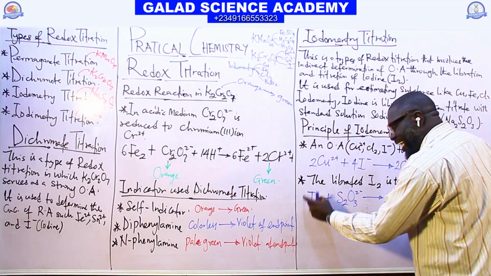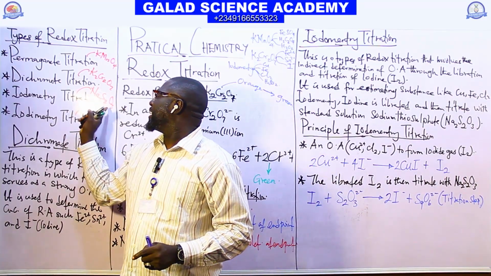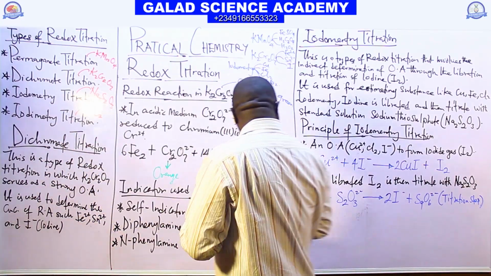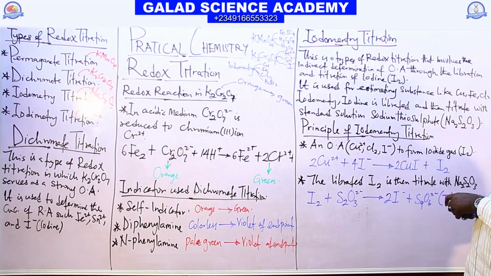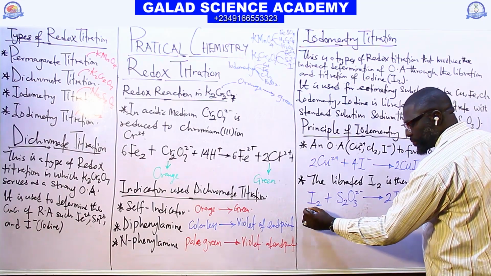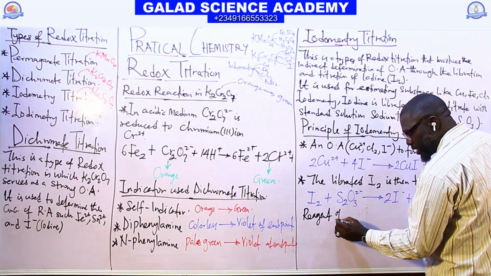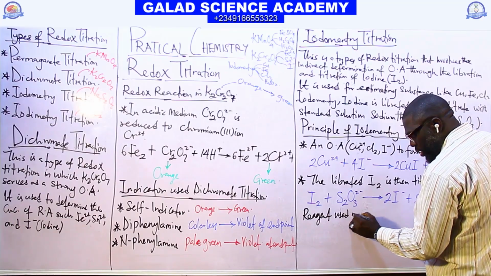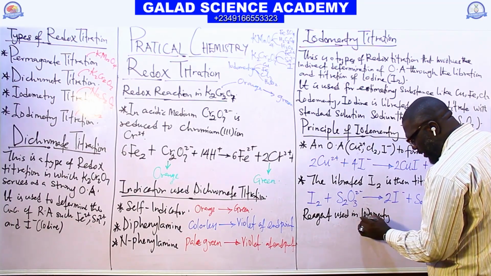The iodine is titrated, you know, I said it here before, that sodium thiosulfate is titrated with iodine here. But the next thing is, let's look at the reagents used in iodometry titration.